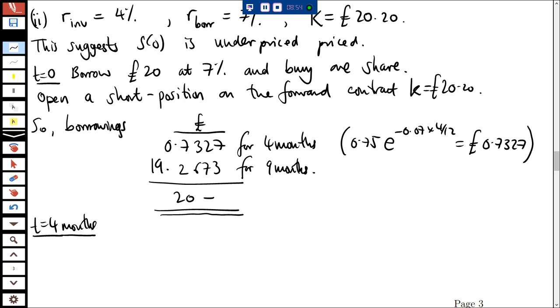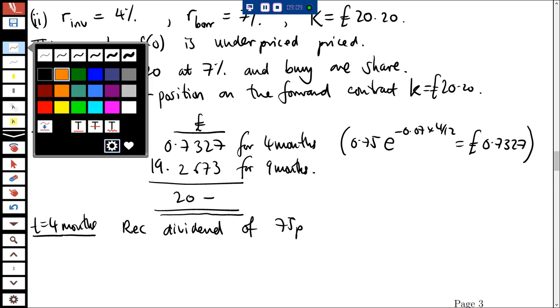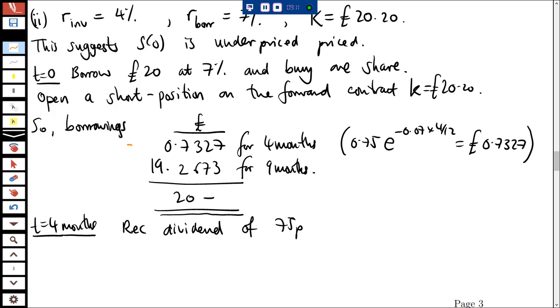So after 4 months, we own the share, so we receive a dividend of 75p, and this amount here that we borrowed will have a value of 75 pence.